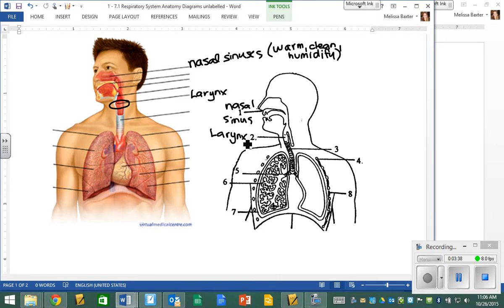So if you touch your throat and you talk, you can feel something vibrating. That is your larynx. If you're a guy, you have an Adam's apple, feel there, larynx. Your larynx is your voice box. That is how you make sounds. If your larynx were damaged or air could not pass over your larynx, you would not be able to speak.